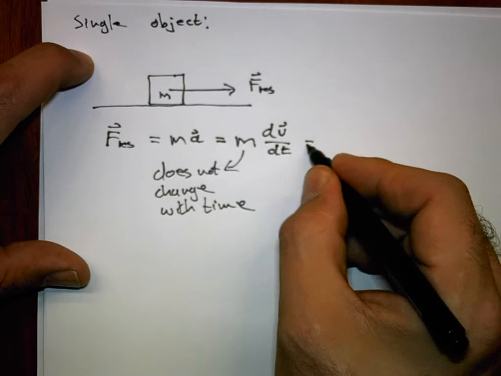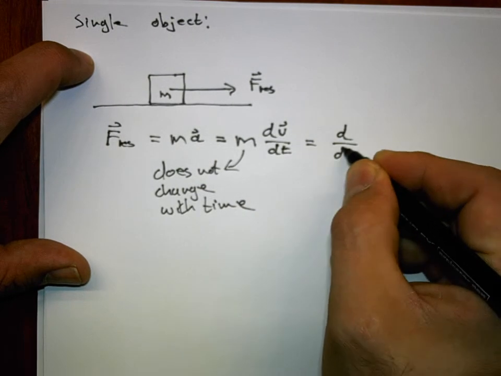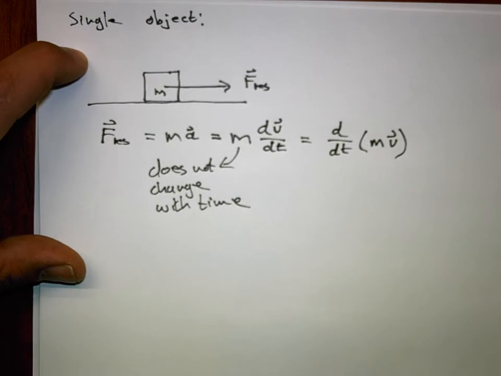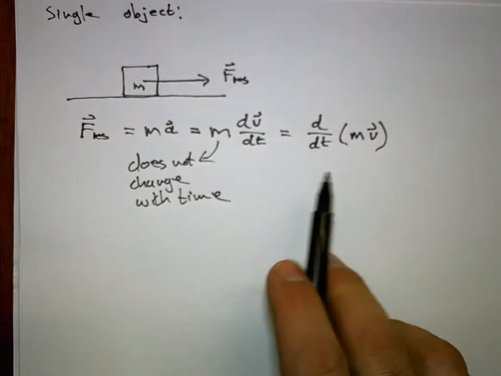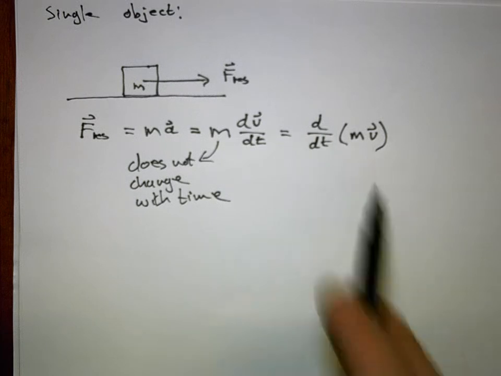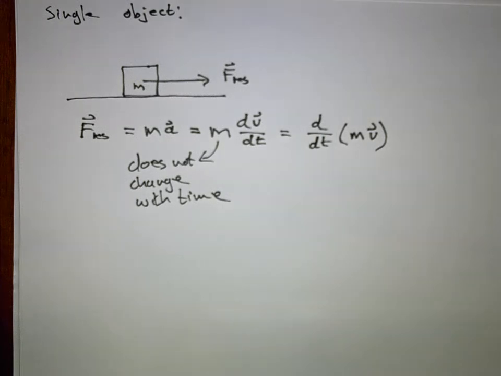So we might as well write this as the derivative with respect to time of mass times velocity. Because if you take the derivative, mass is just a constant, so it just pops out in front, and you're left with the derivative of velocity versus time.